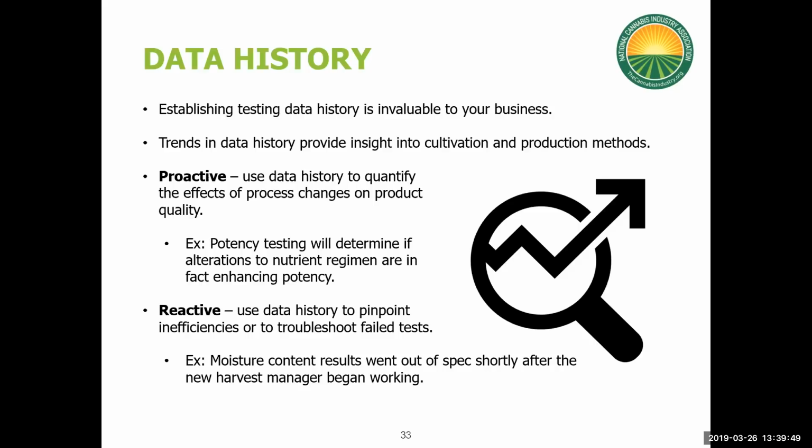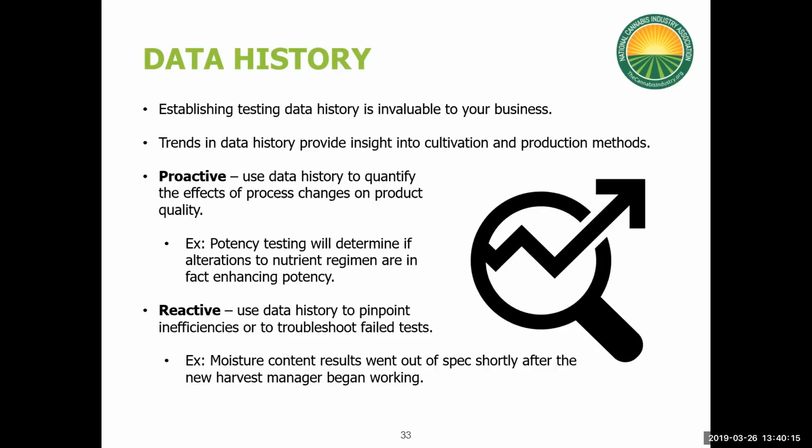For example, potency testing would help you determine if alterations to your nutrient regimen are in fact enhancing potency of your cannabis flower. Changing little things in the nitrogen, potassium, phosphate concentrations can have dramatic effects on cannabinoid and terpene concentrations in your final product, and testing results will give you a way to look into that.